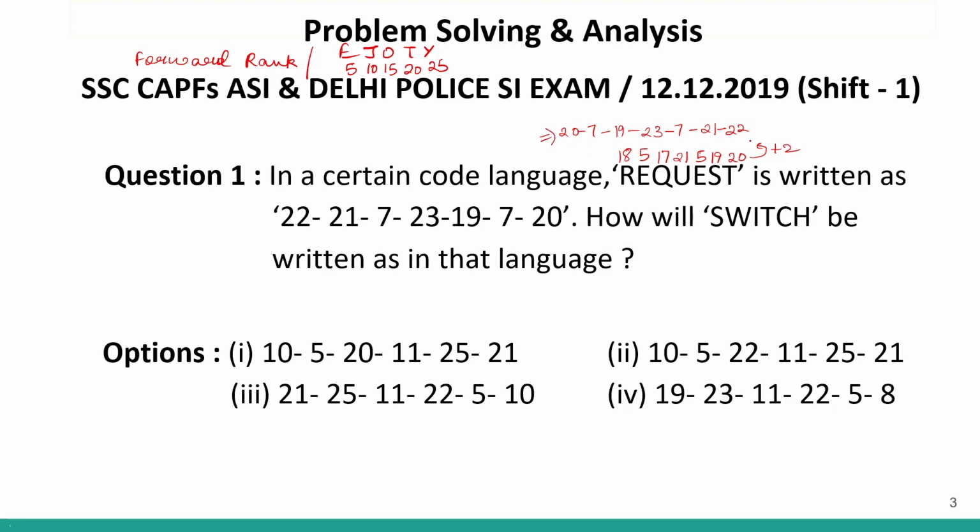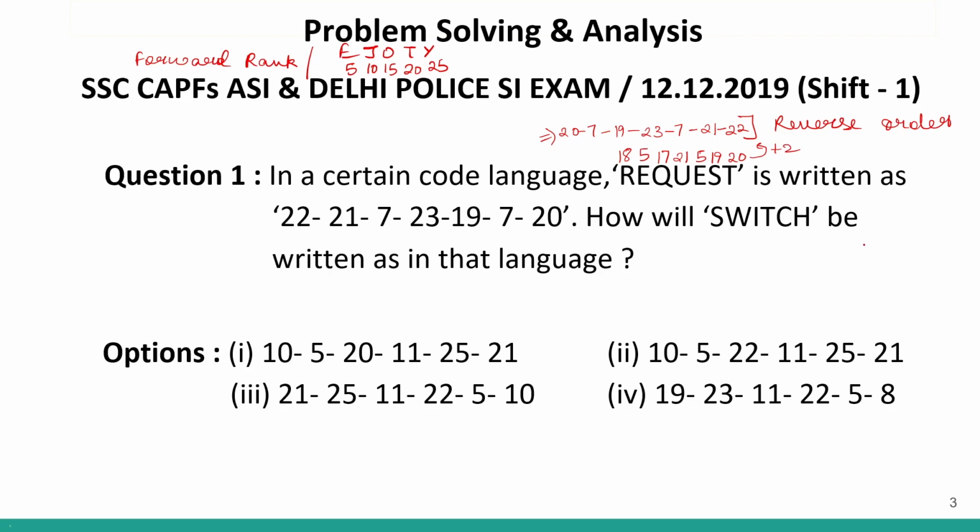But over here we see 20, 21, 7, 23, 19, 7 and 20. That means that this has been written in a reverse order. This is how this has been coded.